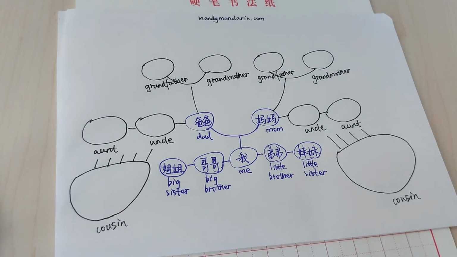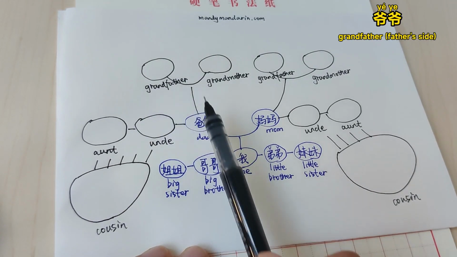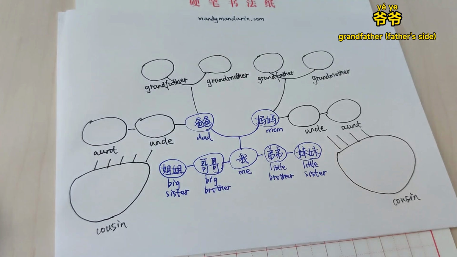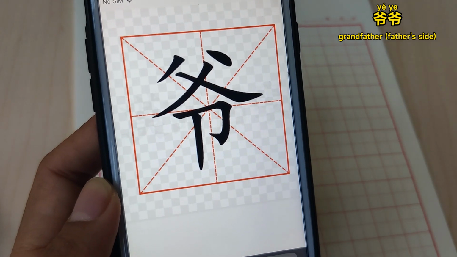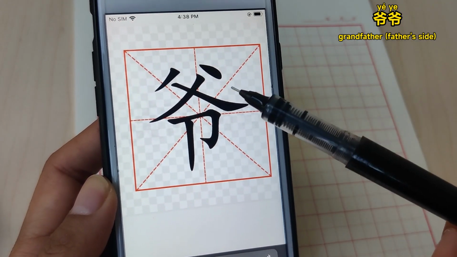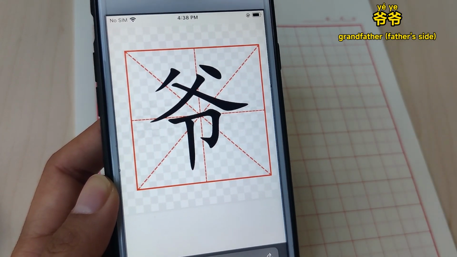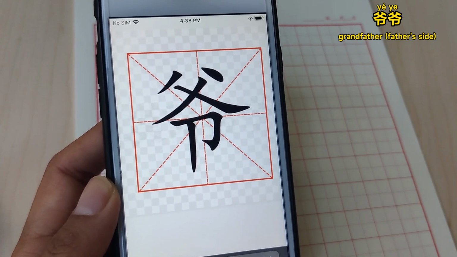Okay, now first of all, let's take a look at the grandfather from the father side, 爷爷. And this is how we write the 爷. It's a top-bottom structure. On the top, it is the father radical, same as the top part of 爸爸.